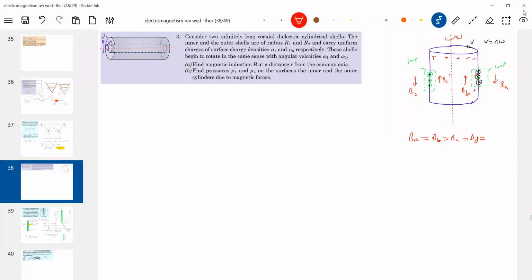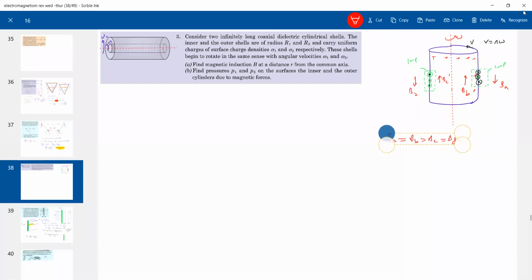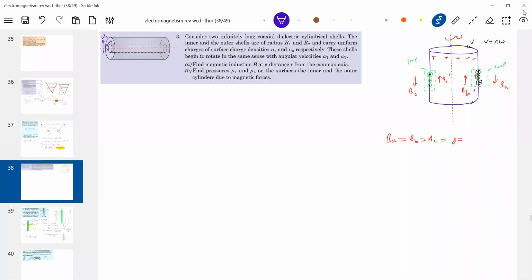Mu naught sigma R V by 2. Don't bring J because there's nothing called J here. J will come only when current is flowing. So mu naught sigma V by 2, or this is equal to mu naught sigma R omega by 2. Okay, till here no problem, all of you.